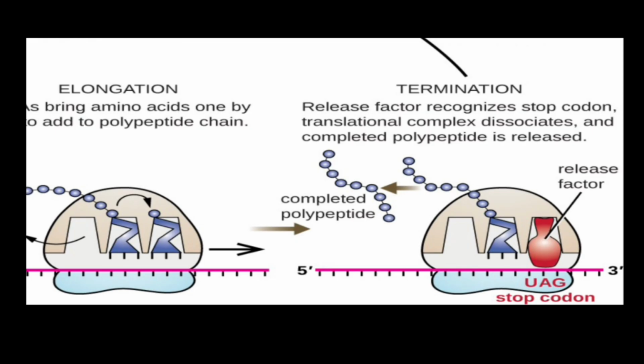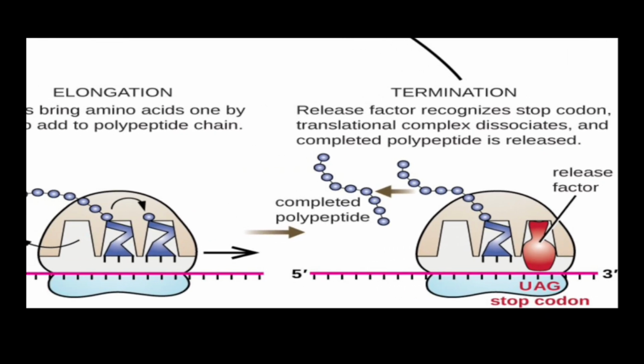And in the third step, at the A site, there is a stop codon UAG, which is recognized by the release factor, and the process of protein synthesis shall be stopped, and the polypeptide chain shall be released after making a complete polypeptide, and the whole process will stop here.